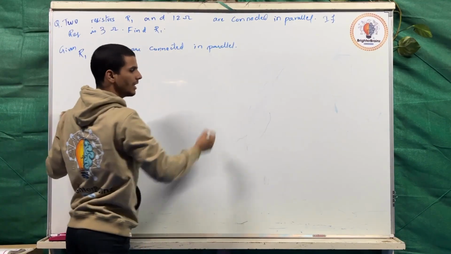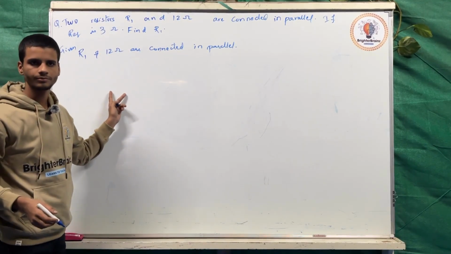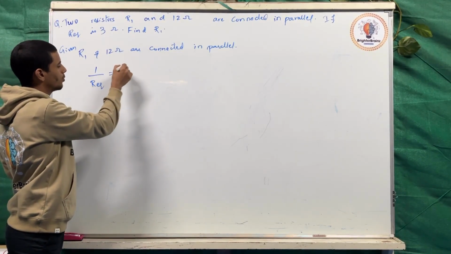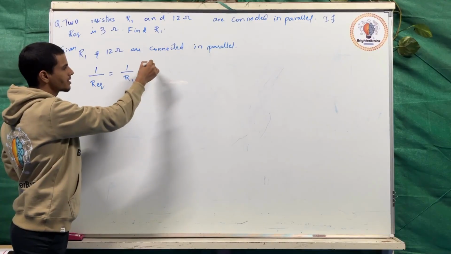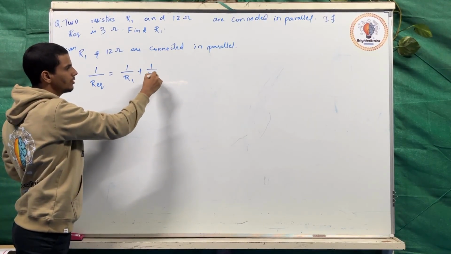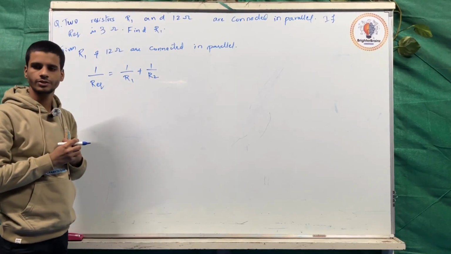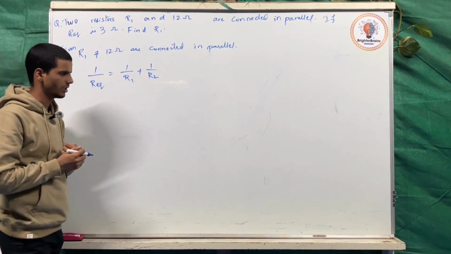What will be the formula when these are connected in parallel? 1 by R equivalent is equal to 1 by R1 plus 1 by R2. Anything more? No, only 2 resistors are given, so R1 and R2 are taken.